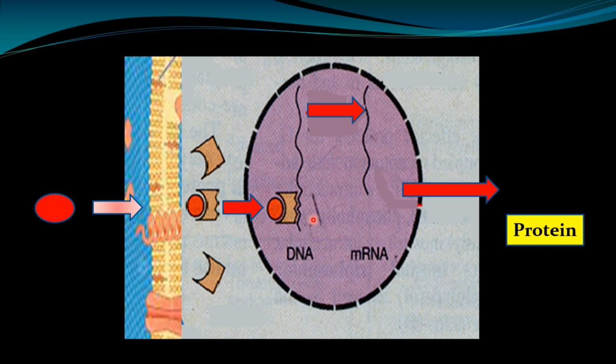It is present inside the cell in the cytosol, but it has the binding domain. It shows the intrinsic activity, and the intrinsic activity of this drug receptor complex is that it transports this complex inside the nucleus and binds with the DNA, and finally is responsible for the synthesis of the protein.